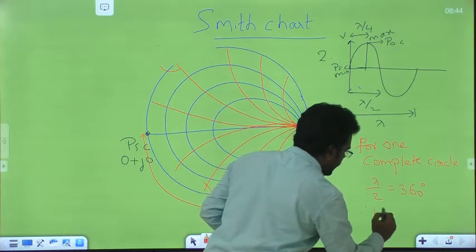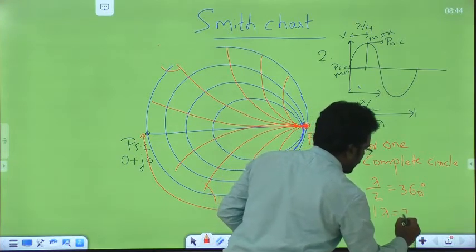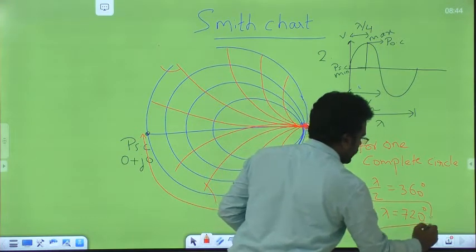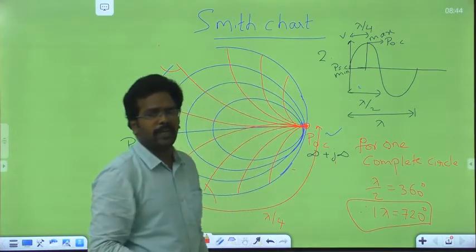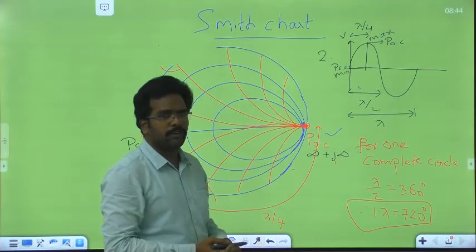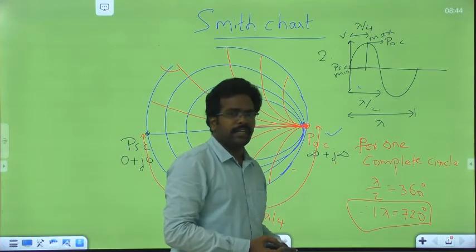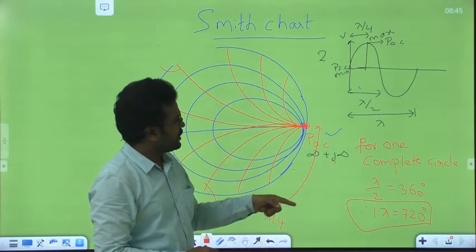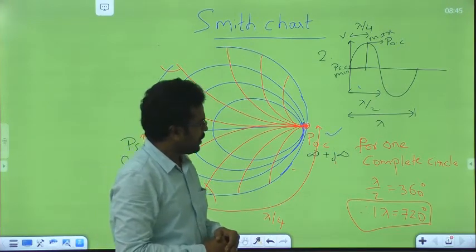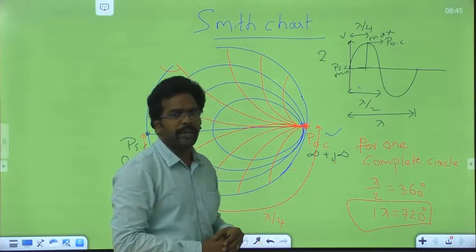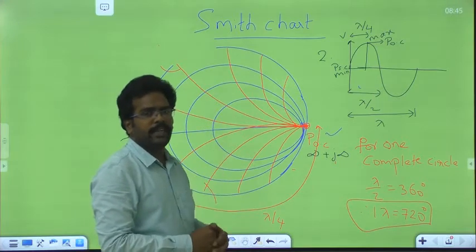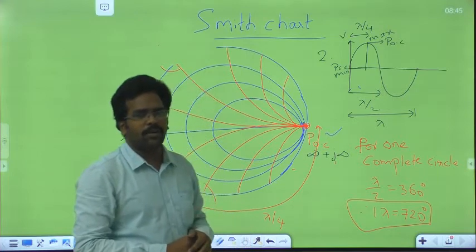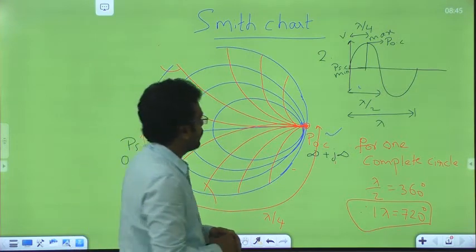Therefore, I can take 1 lambda equal to 720 degrees. In some cases, we should convert the distance in terms of degrees. In that case, I can use this value: 1 lambda is equal to 720 degrees. First point is the location of PSC and POC, and the second point is 1 lambda equal to 720 degrees.